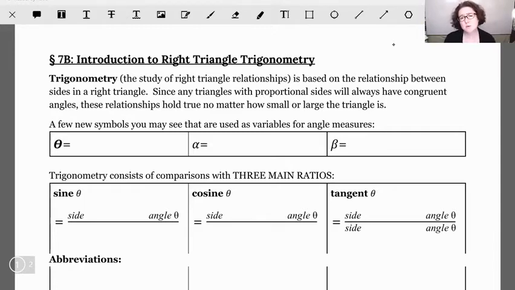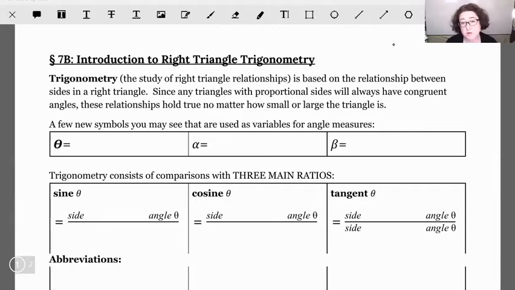There are a couple of symbols that you might see me use, depending on what resource I get my diagrams from. These are actually Greek letters, another symbol we can use to stand for the angles in a triangle if needed. Most of what we look at today will use the letter of that vertex in our triangle, but you might see these three Greek letters.